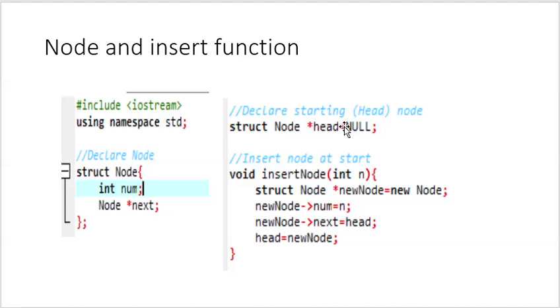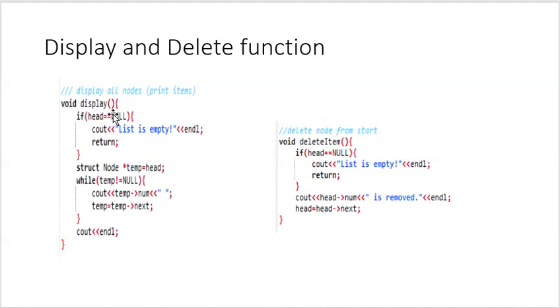Here we have assigned head null, and then the node that we have created is assigned to the head. So in the display function, if head is equal to null, it will print that the list is empty, that there are no nodes in it.